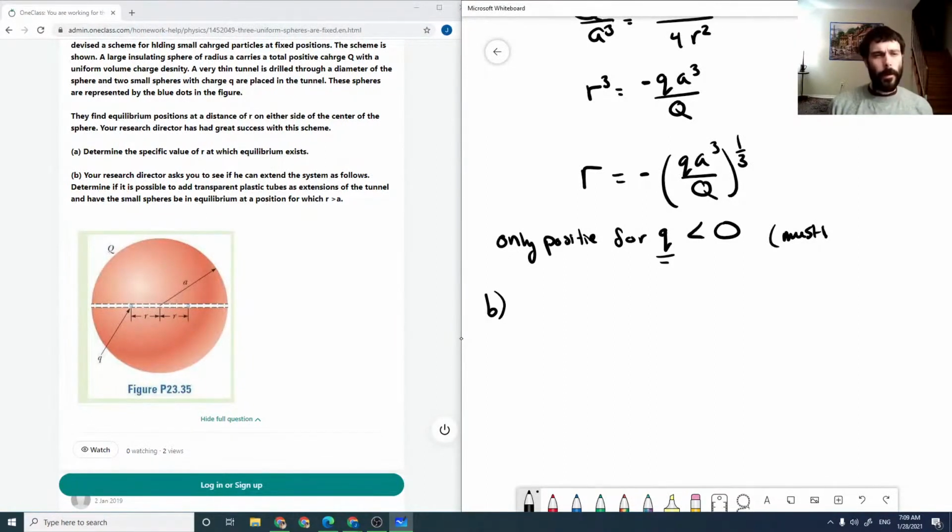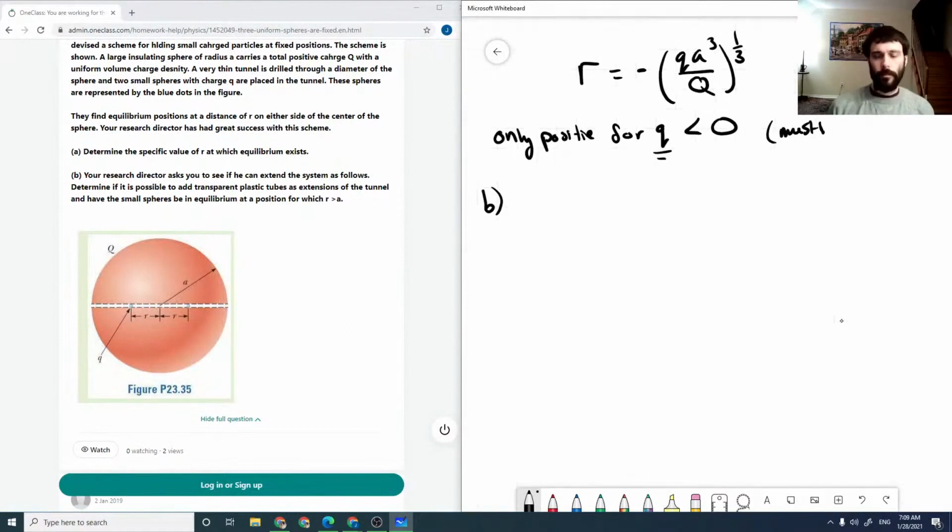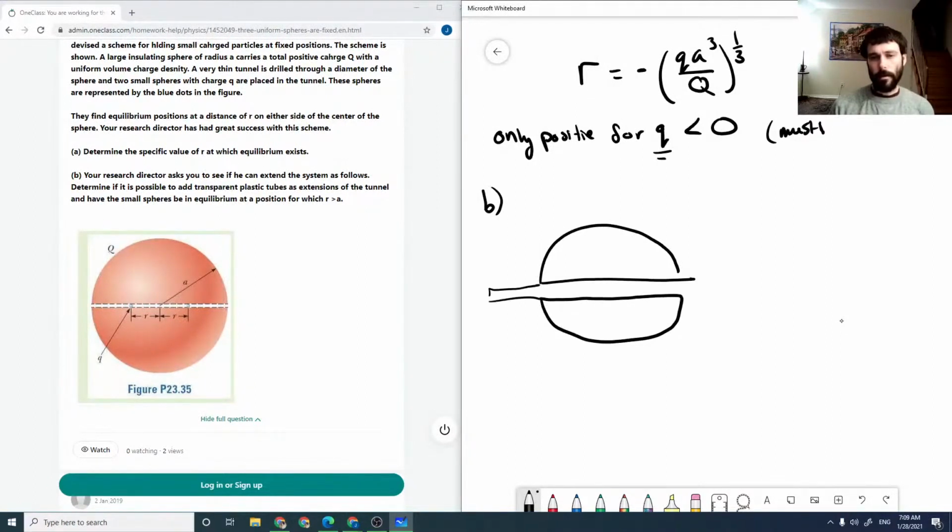Okay, so now we want to extend the system by adding little tubes. So we have our sphere, and then we want to extend outside the sphere and put the particles out here.